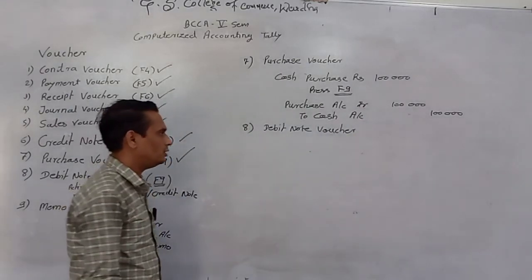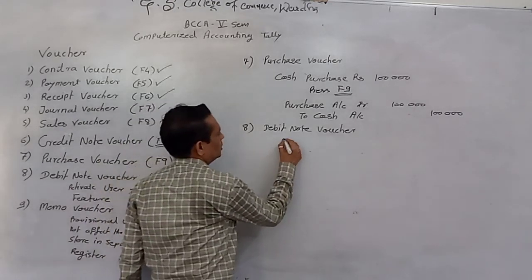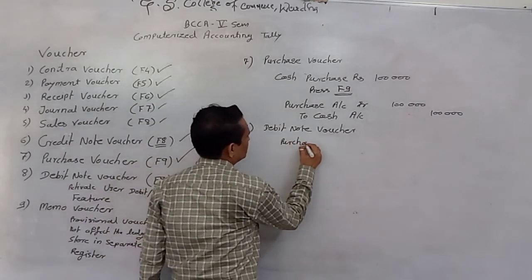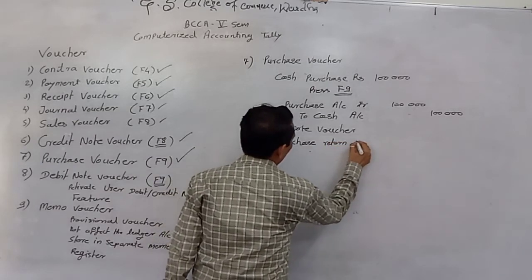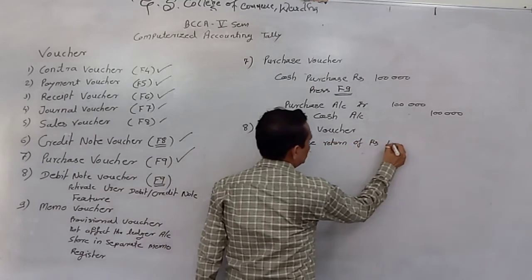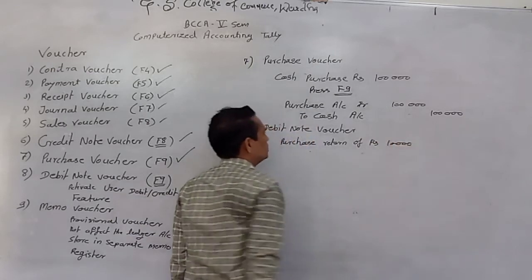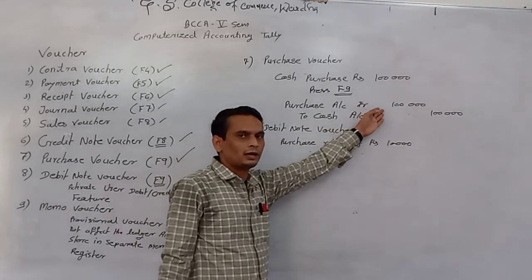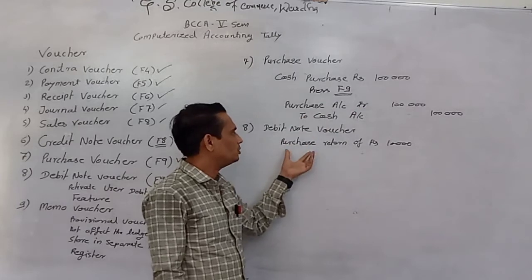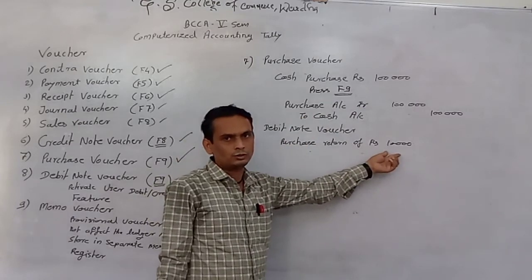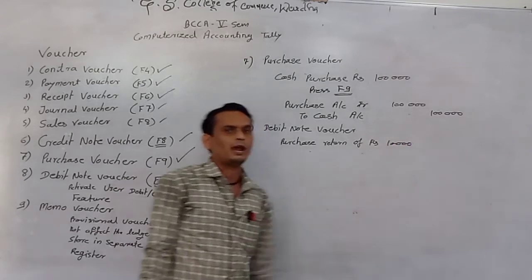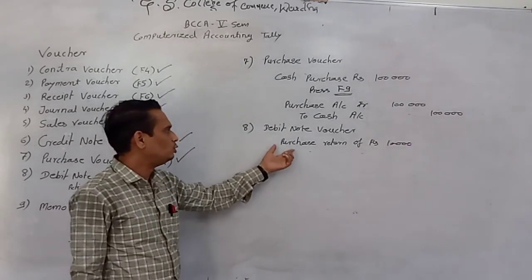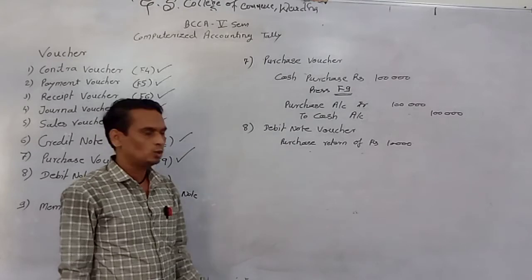For that entry, we make a purchase return of rupees 10,000. Just like we purchased rupees 1 lakh, from this 1 lakh we return 10,000 worth of product to that supplier. Now this entry will be made in a debit note voucher.